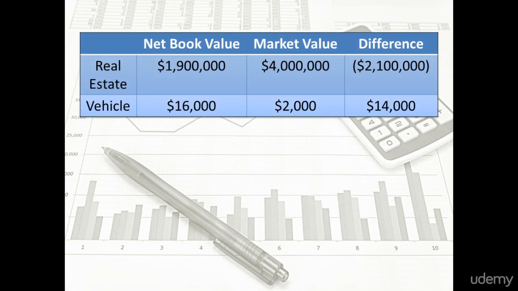The vehicle's disparity is quite small compared to the real estate property's change between net book value and market value. This is a common problem caused by the accounting restriction and the unyielding rule that an asset's acquisition value minus depreciation must be the reported book value of that asset. These kinds of disparities in how assets are valued can lead to problems for companies.